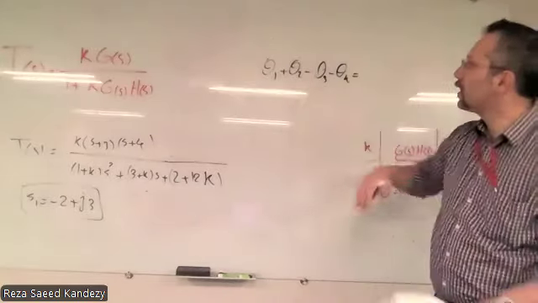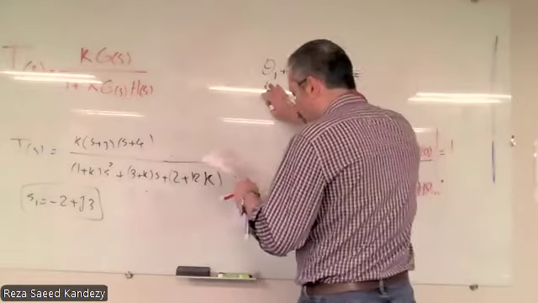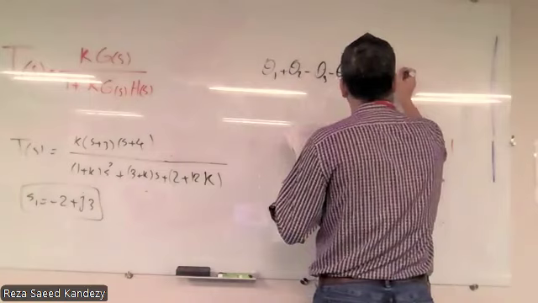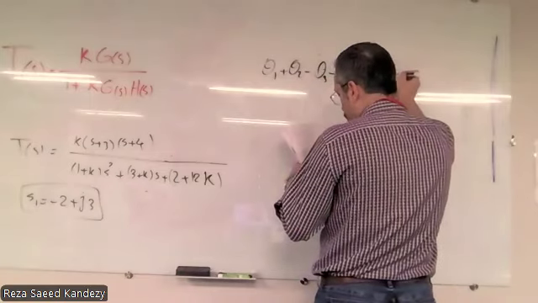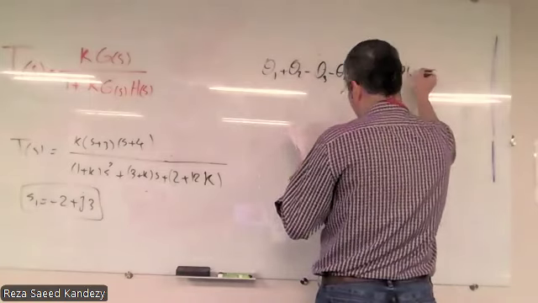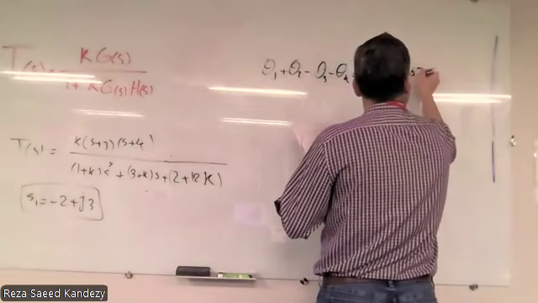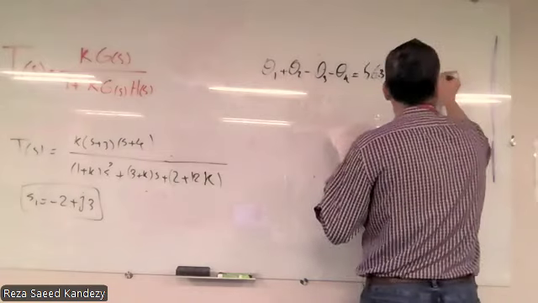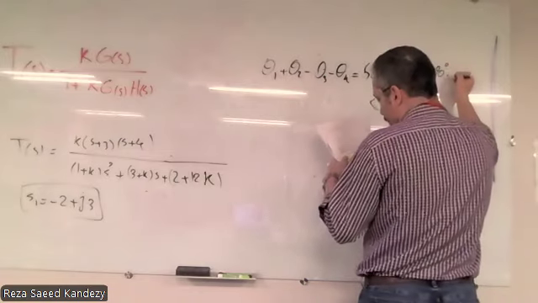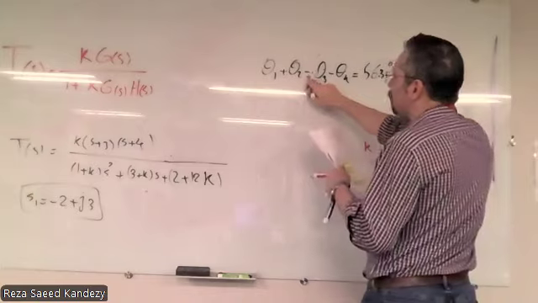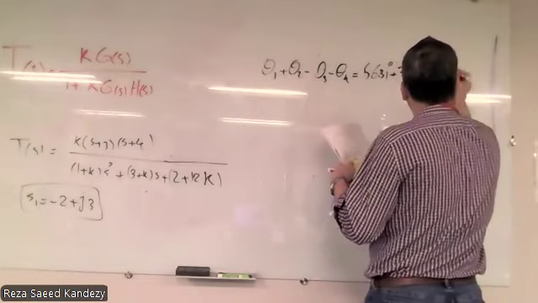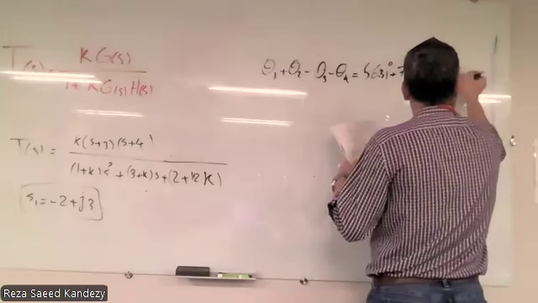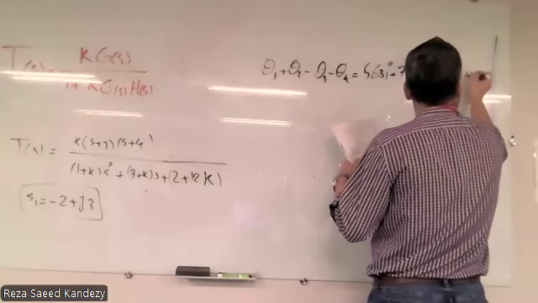If you do the calculation, theta 1 becomes 56.31 degrees. Theta 2 would be 71.57 degrees. Theta 3 is going to be minus 90 degrees, which is that minus here, so this is going to be 90 degrees. And theta 4 is going to be 108.43 degrees.